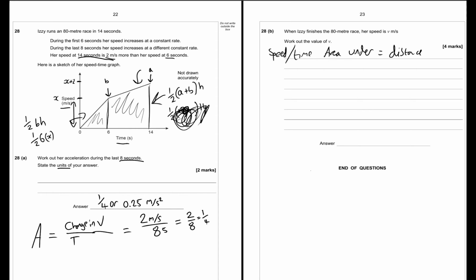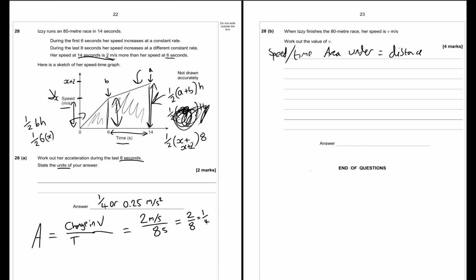I've messed it up completely. Okay, half (a plus b), where a and b are the heights. So this height here is x, and the other height is going to be x plus 2. So half times (x plus x plus 2) times the height, and the height is this distance here from 6 to 14, which is going to be 8.